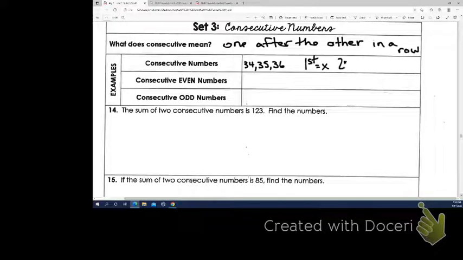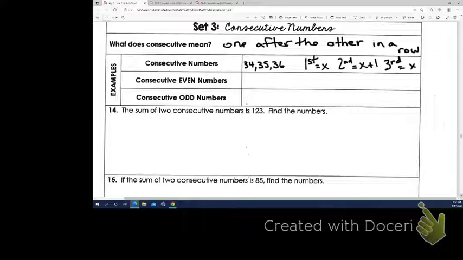The second one would be one more than the first, so we'll call it x plus 1. And the third one is one more than the second one, because it's the next number, right? But this looks really jank if I put x plus 1 plus 1, so let's just simplify that.